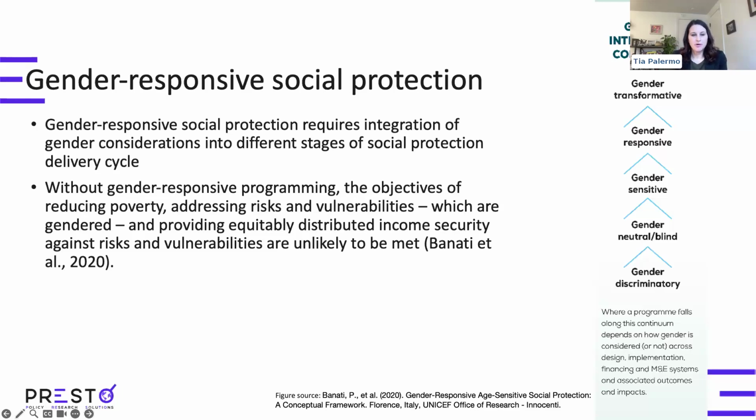Gender responsive programming requires integration of gender considerations into different stages of the design, delivery, and monitoring cycle. And without gender responsive programming, the objectives of reducing poverty, addressing risks and vulnerability, which are often gendered, and providing equitably distributed income security against risks and vulnerabilities are unlikely to be met.